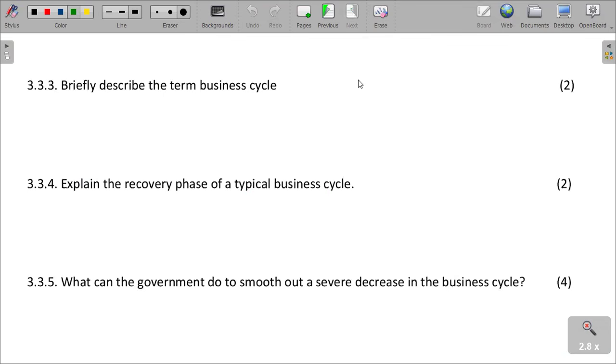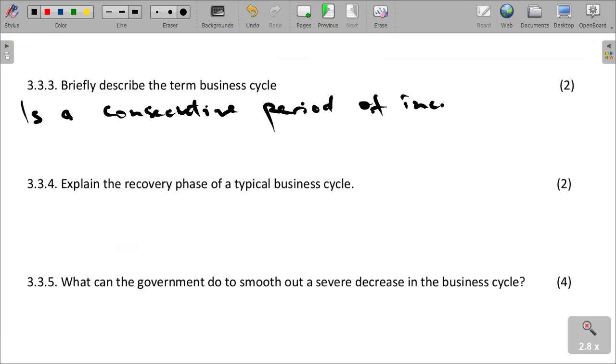Then briefly describe the term business cycle. A business cycle is a consecutive period of increasing and decreasing economic activity.